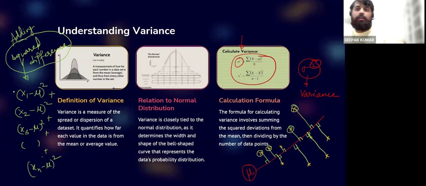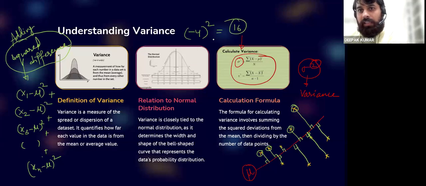We will see why we are adding the squared difference, why did we take a squared difference, why not anything which makes it a positive number? Because what do we do? Say we have -4, and to make it positive, if you go for square, it will become positive but becomes 16, isn't it? So to make anything positive, we have a choice of squaring. We also have one more choice, but that has a problem. We will see in just a couple of minutes.